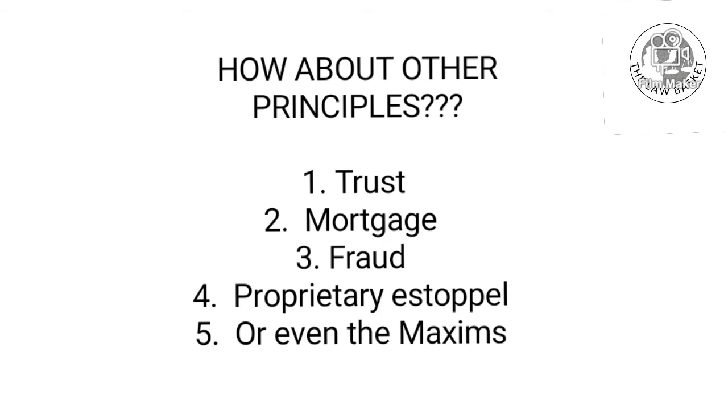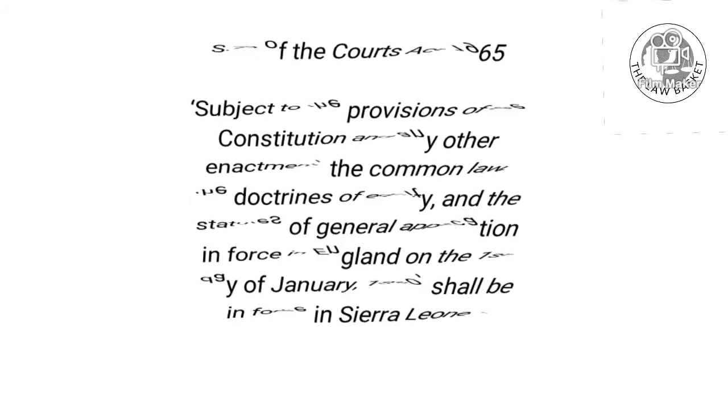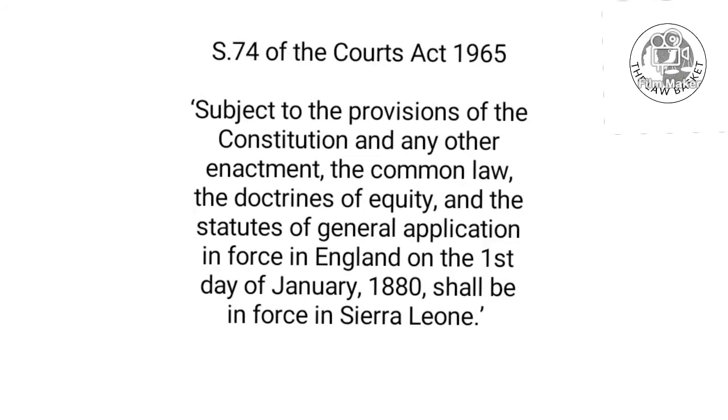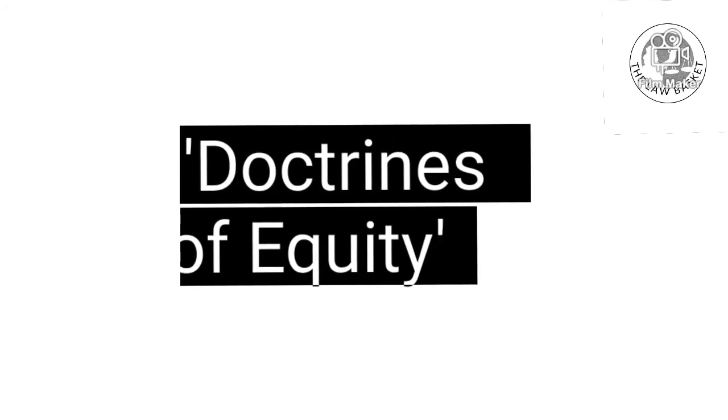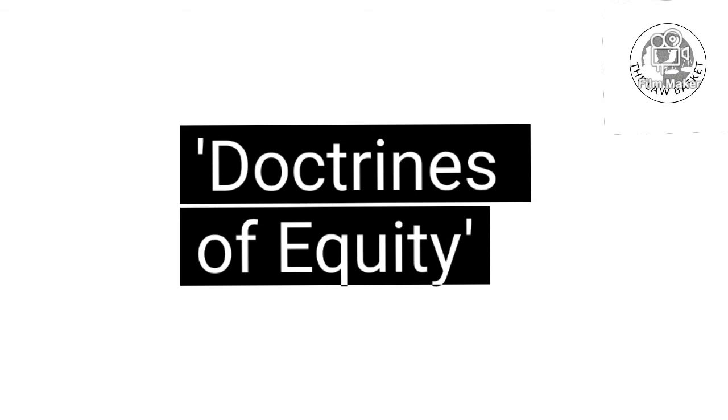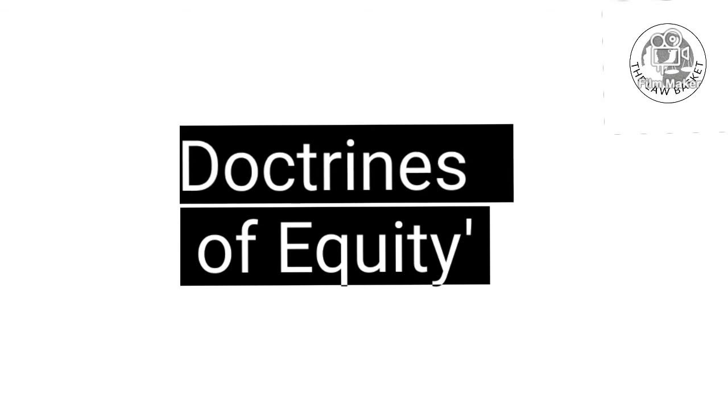Now let's go back to Section 74 of the Courts Act of 1965. Of course, it recognizes the doctrines of equity. So the same phrase, doctrines of equity, under Section 170 subsection 2 is the same that is captured under Section 74 of the Courts Act.